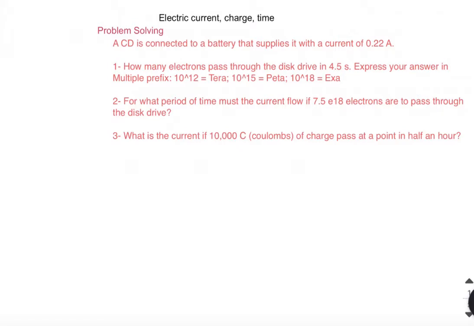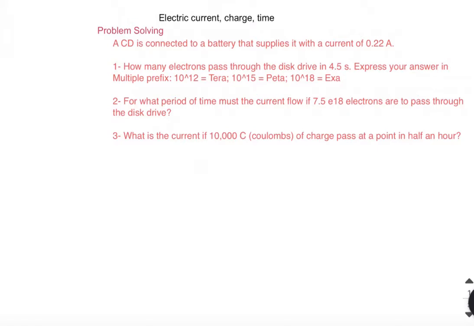After calculations, we replace I with 0.22, t with 4.5, and the charge 1.6 × 10^-19, and that will give us 6.2 × 10^18 electrons.